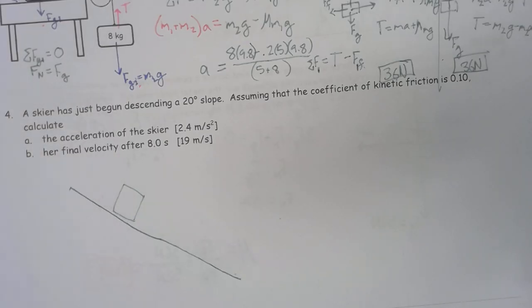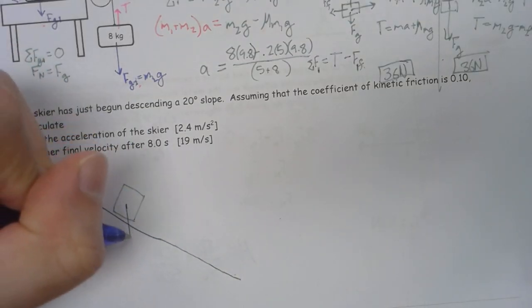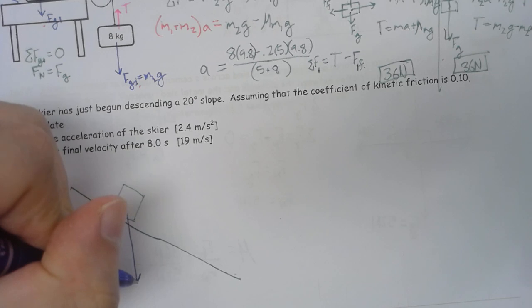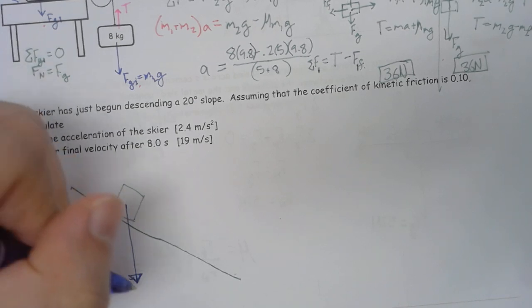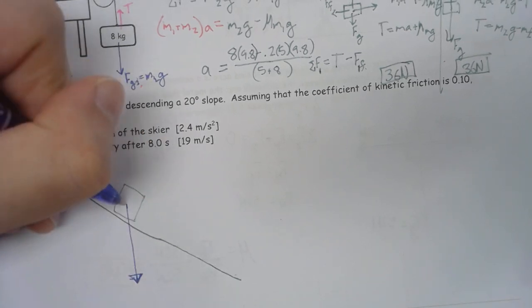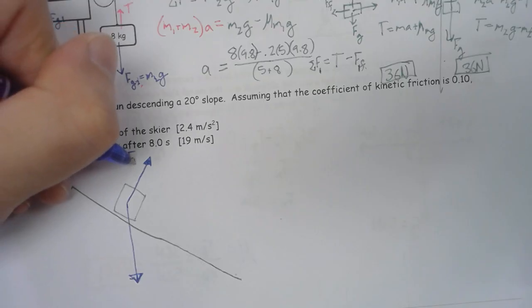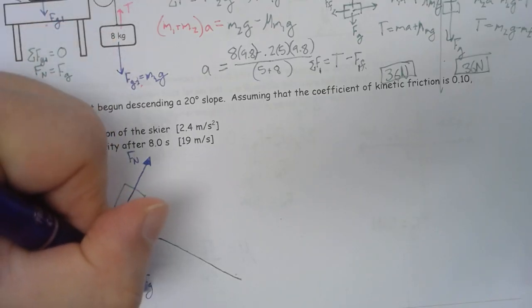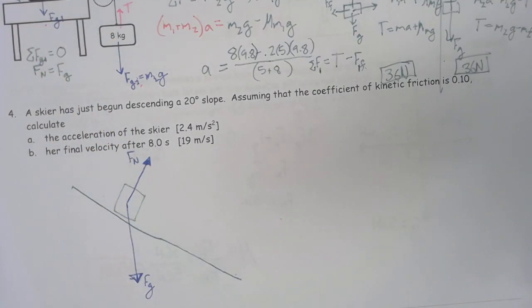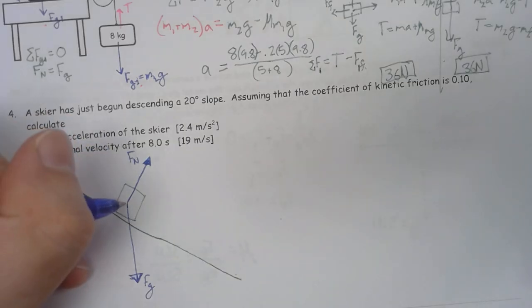What do we know is happening? Real forces only. Gravity is a real force. What else? Force normal. Normal force. And force friction. Those are my 3 real forces.